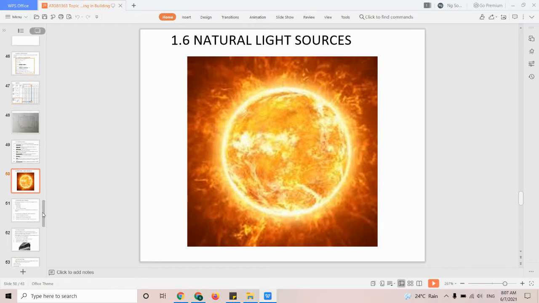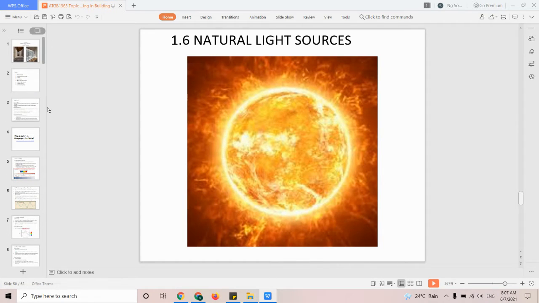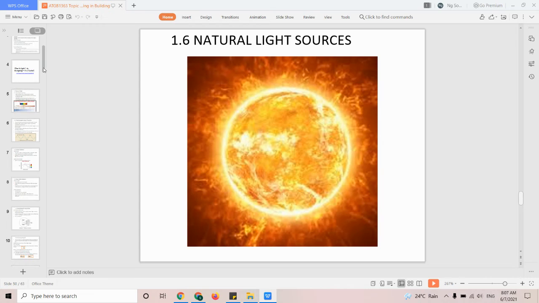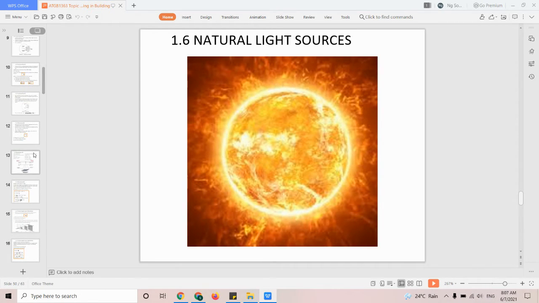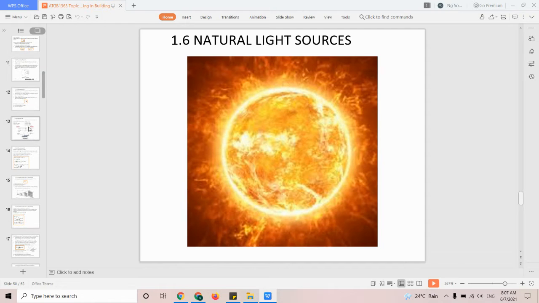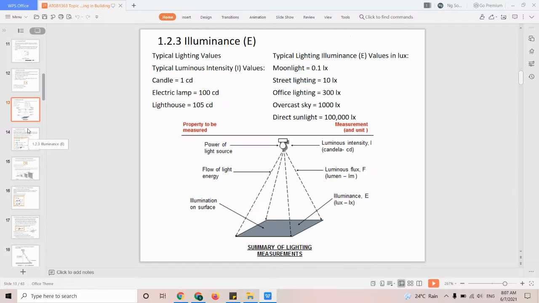Previously we have learned what is lighting, so hopefully you guys still remember. And then we learned about how to do basic calculation. What are the different components in lighting? One of the most important summaries is the lighting measurement.